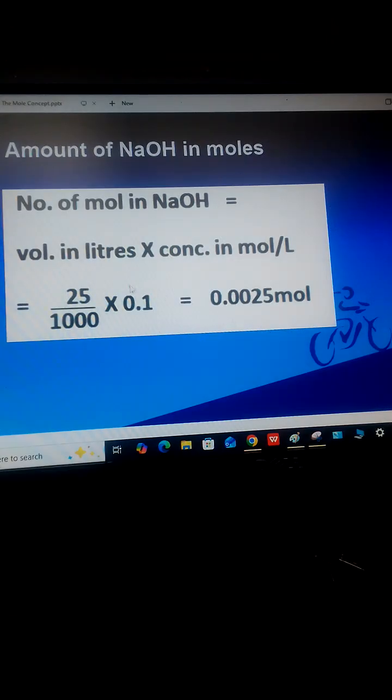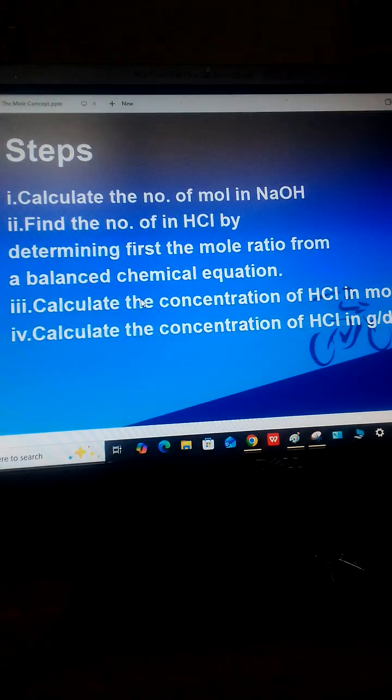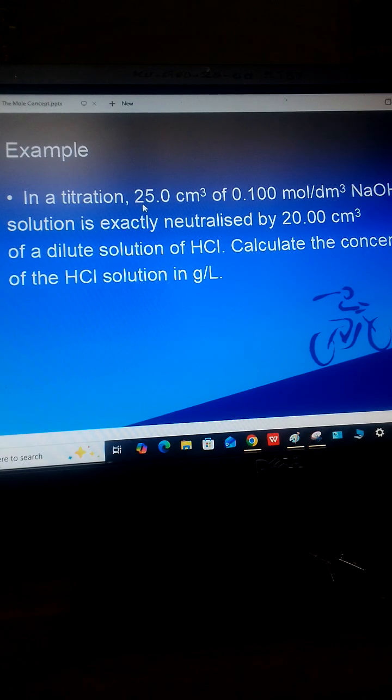Let's begin. The number of moles in sodium hydroxide is equal to the given volume in liters times its molarity. The volume given here is 25 cubic centimeters of 0.1 M sodium hydroxide.